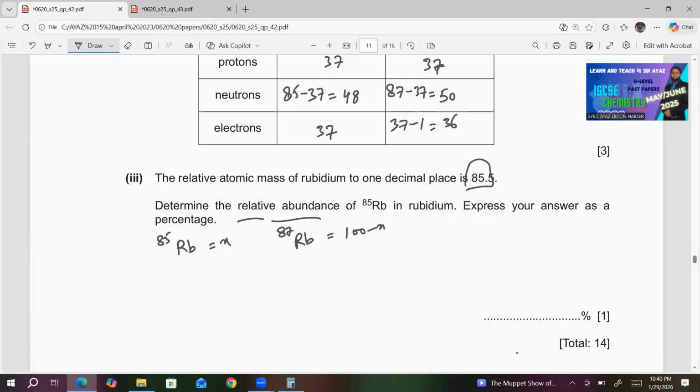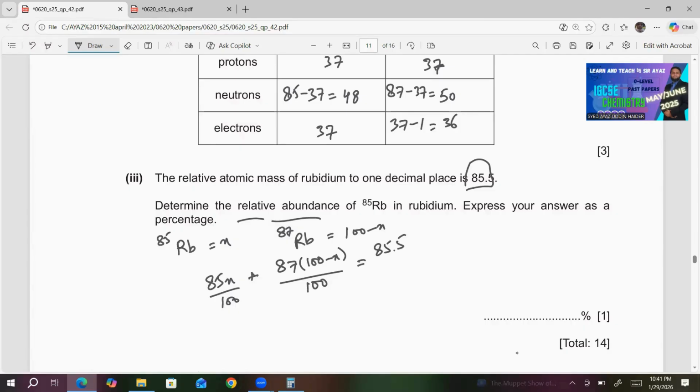Now the equation will be like this: 85X divided by 100, and for the second one we have 87 multiplied by 100 minus X divided by 100, is equal to the relative atomic mass given, 85.5.